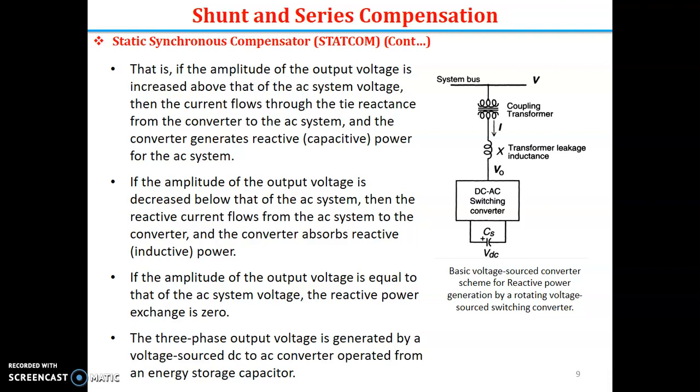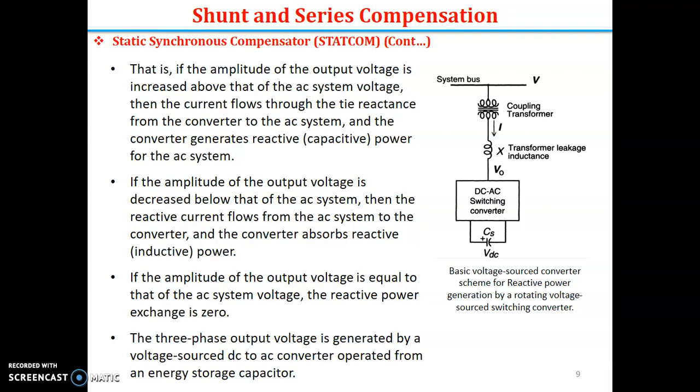For this reason, this voltage is required to be higher than the rectified DC voltage. Generally, it will be 30% higher depending on how much you are going to compensate. Now, if the amplitude of the output voltage is decreased below that of the AC system, then the reactive power flows from the AC system to the converter, and the converter will absorb the reactive power.